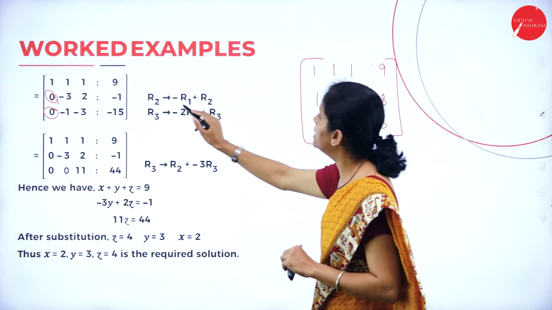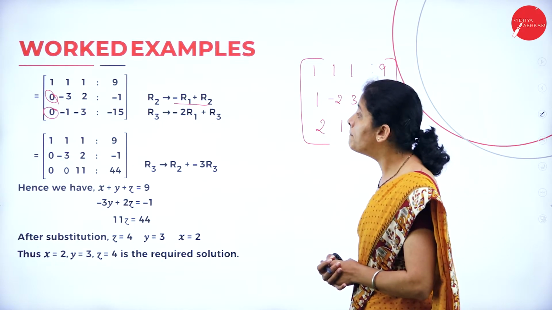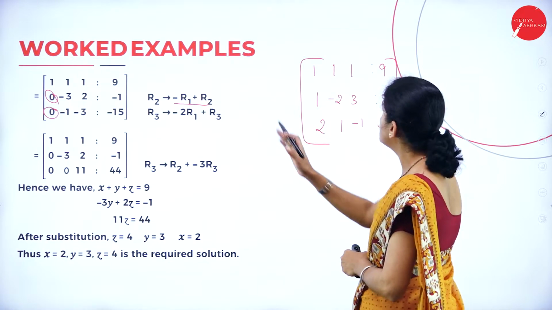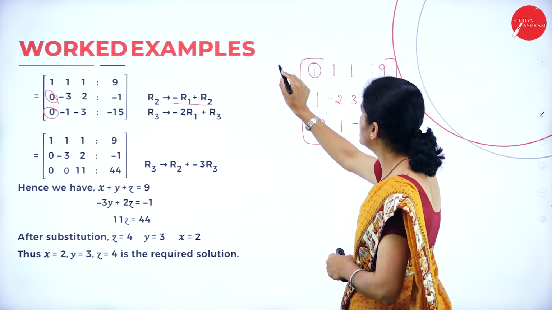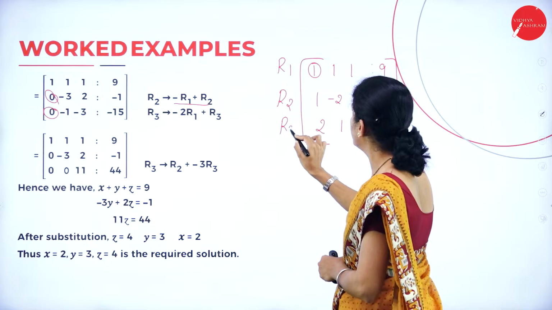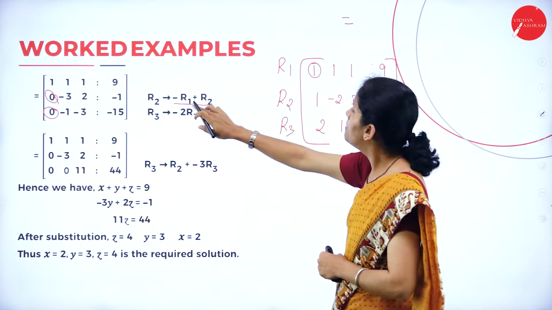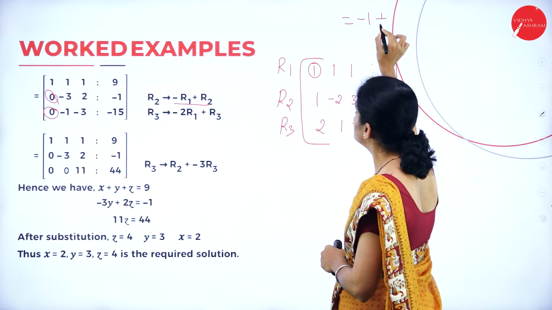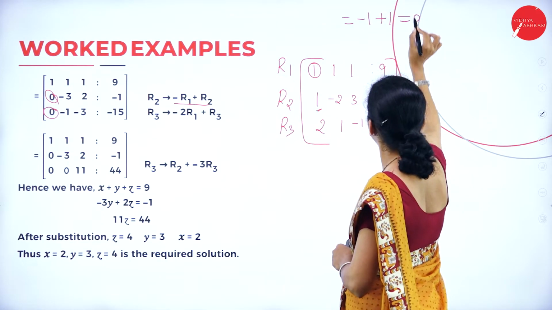So what I did here is construct the formula minus R1 plus R2. This is row 1, row 2 and row 3. Now, what is minus R1? It is minus 1. Then plus R2, that is 1, so it is equal to 0.